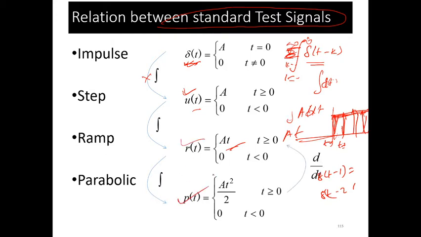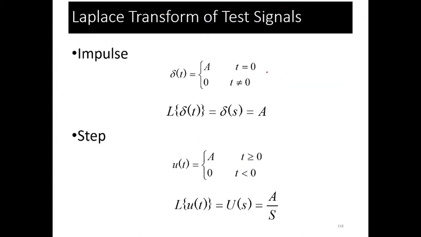In the reverse way, if you differentiate the parabolic signal, you will get the ramp signal, and when you differentiate the ramp signal, you get the step signal, and when you differentiate the step signal, you get the impulse signal. So this is the case.